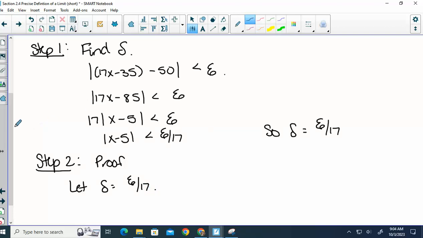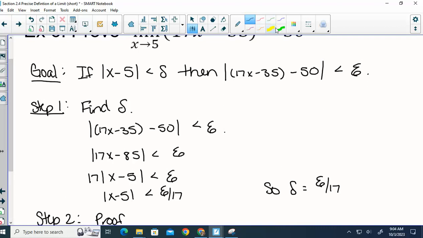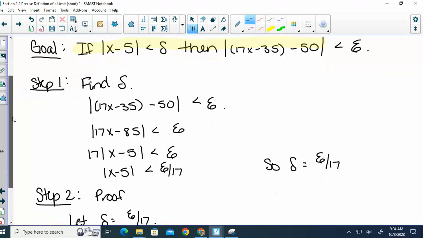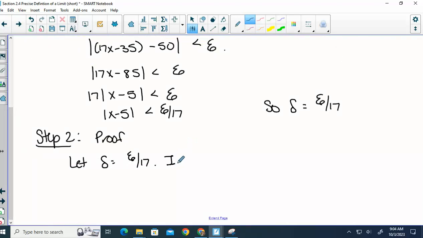Then we are going to restate our goal up until that less than. That's the absolute value of x minus 5 is less than delta. Then the absolute value of 17x minus 35 minus 50.